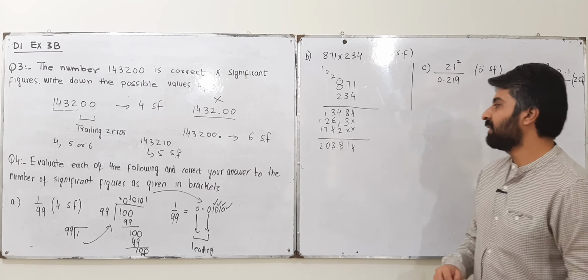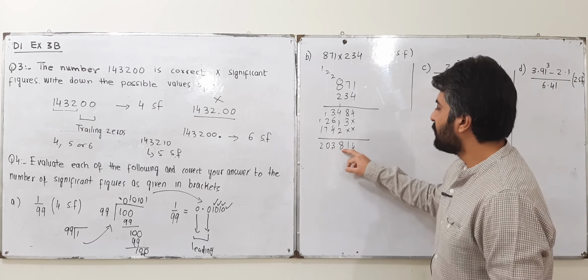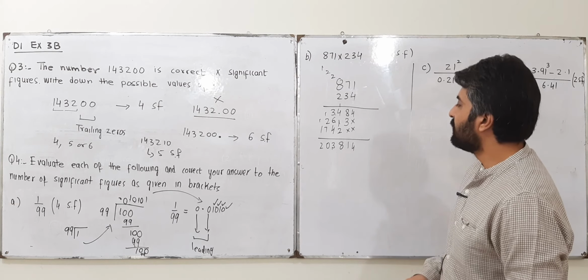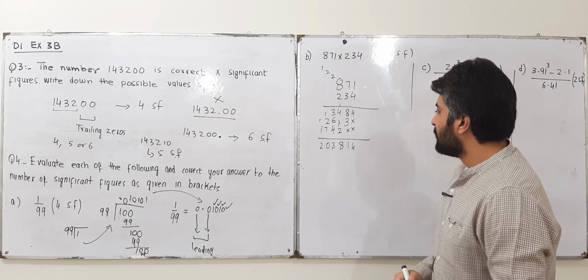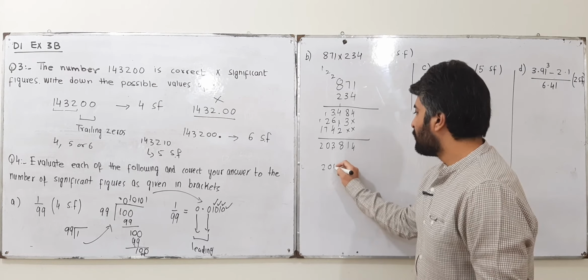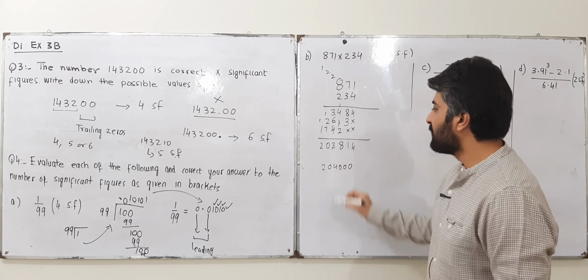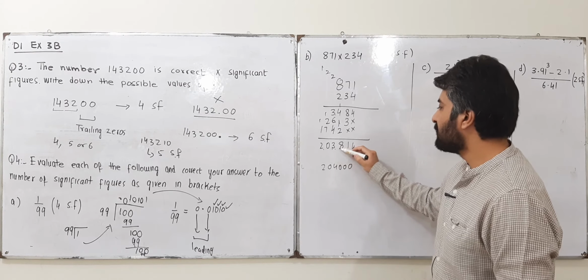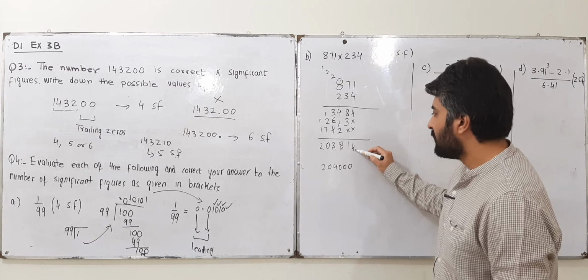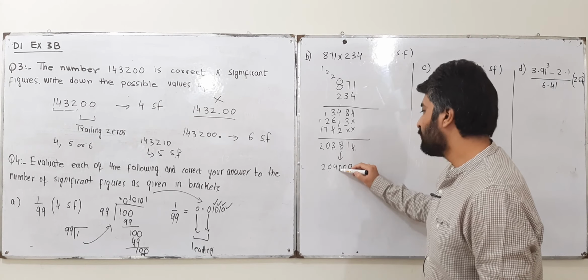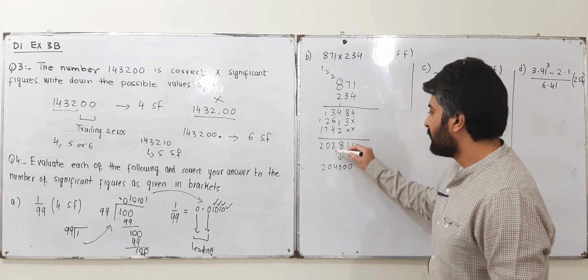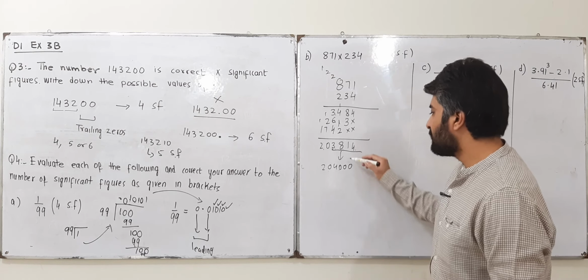203814 has 6 significant figures, but we need to round it off to 2. So I can write it as 204000. This is 2,03,814, and I have rounded it off to 2,04,000. This value 3814 is rounded off to 4,000.